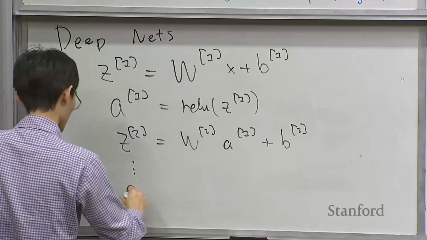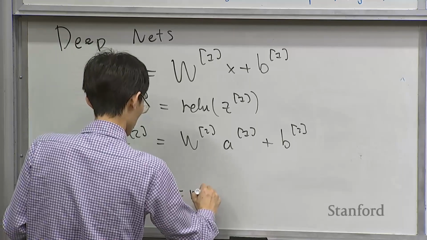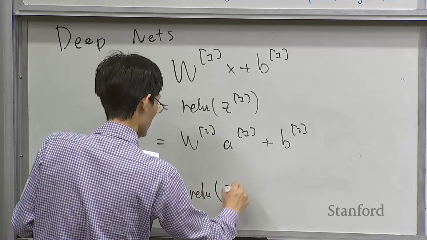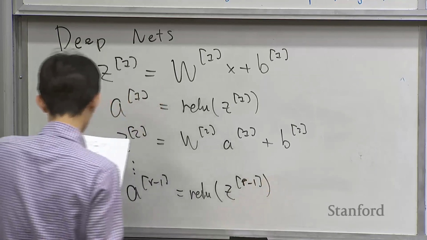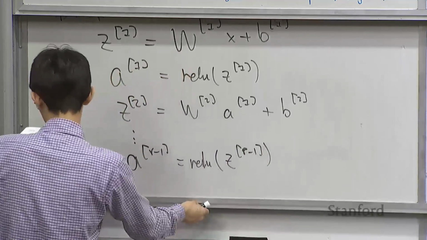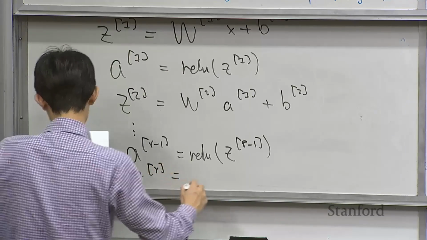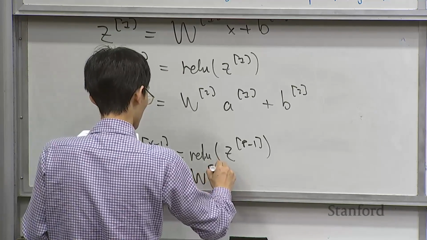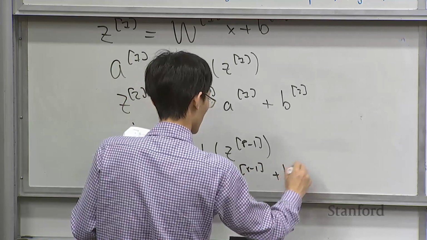Then you get the R minus 1 layer, which is ReLU of Z R minus 1. And then let's say you have the rth layer, ZR, which equals WR times A R minus 1 plus BR.